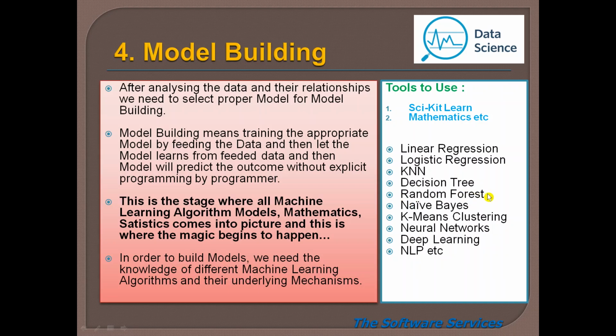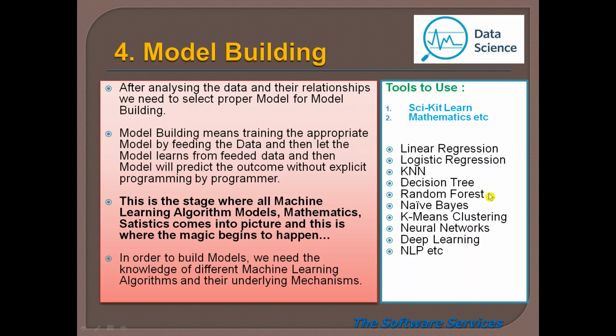Random forest makes use of a number of decision trees to take the decision. Suppose a random forest makes use of 5 decision trees, each decision tree outputs one decision, and then the random forest takes the majority of the decisions.